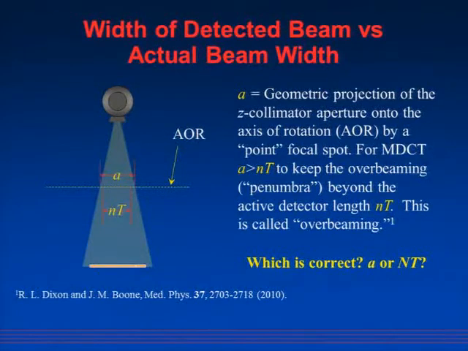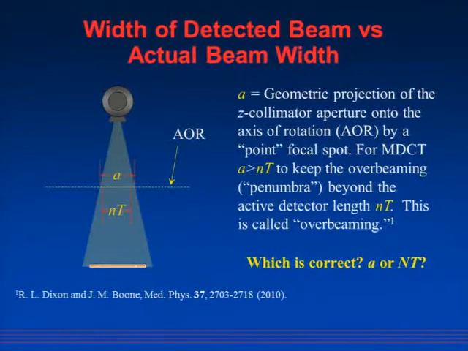Correct for what? In some of our dose literature, we've been pointing this out. We sometimes imply that because we're concerned about dose, we should just be concerned about the actual beam width A. And for dose considerations, that's true. But for noise considerations and for signal considerations, it's really NT that matters. So the two are often very close together.